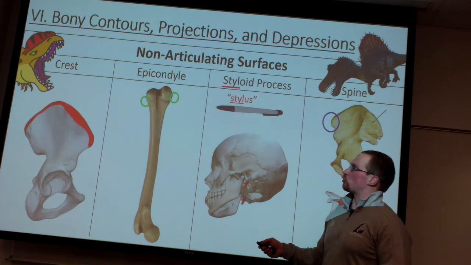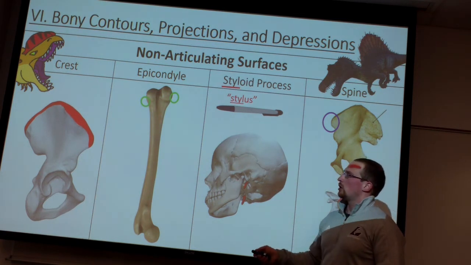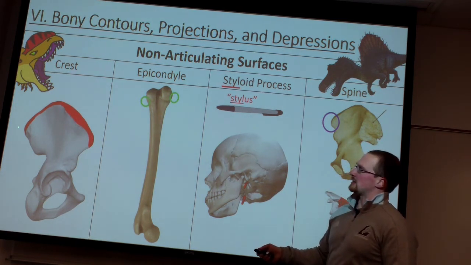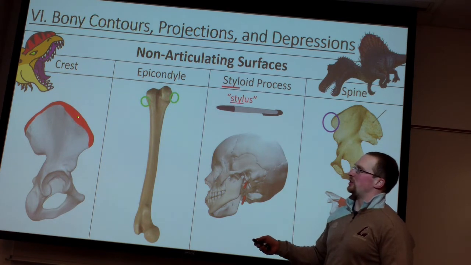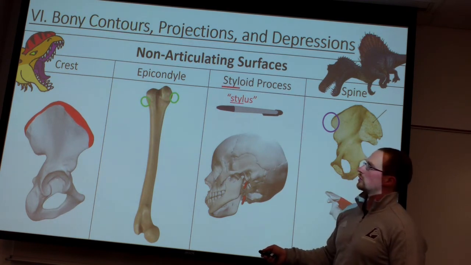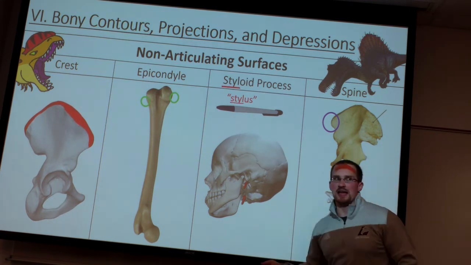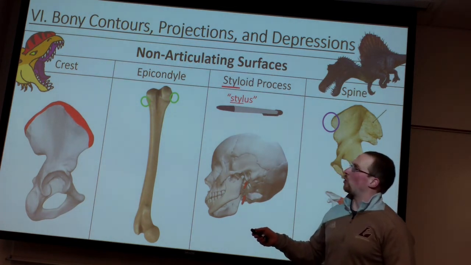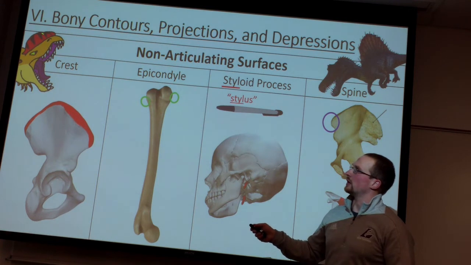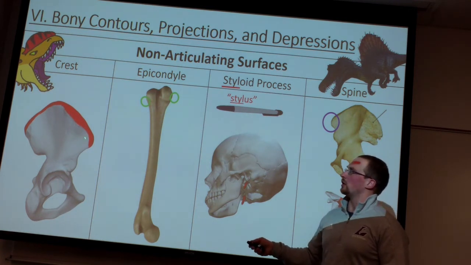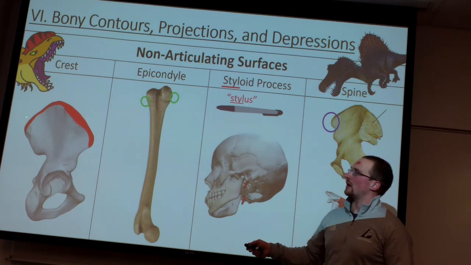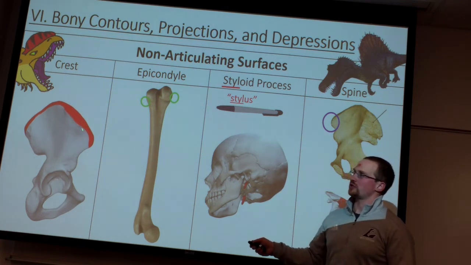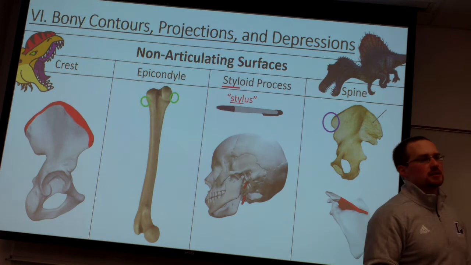So let's start off with a crest. A crest is kind of like a raised elevation off of a bone. Any dinosaur fans, you know this is a Dilophosaurus. It's got a big old crest on its head. Round, elevated. Similarly, on your pelvic bones, you've got a crest. So consider this portion a crest.